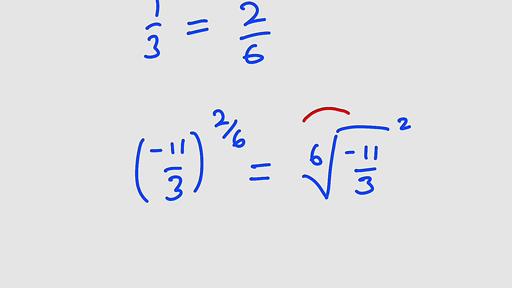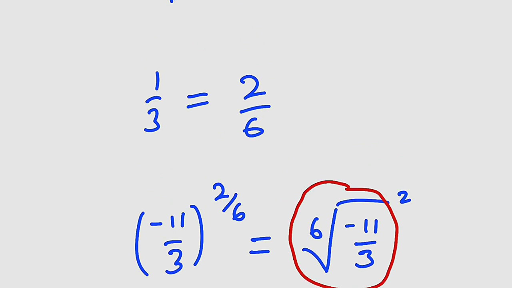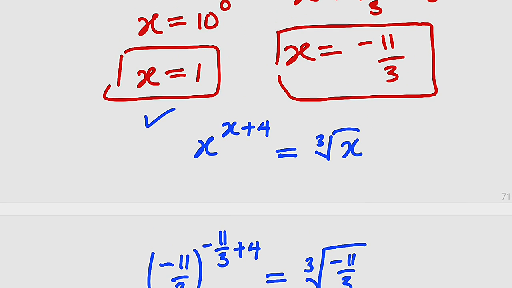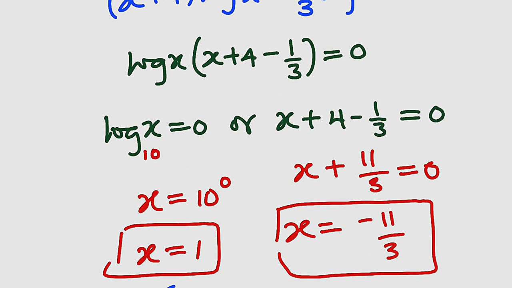And if you simplify this, because 6 is even, you are going to get a complex result. So going by that approach, we are going to discard this solution and consider only 1 as the valid solution. But observe this exponential equation.